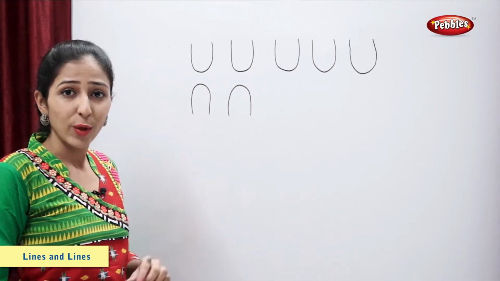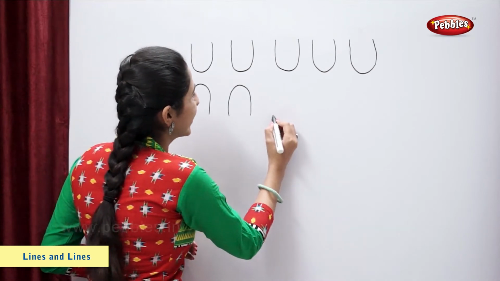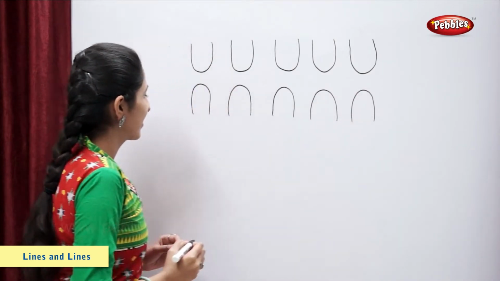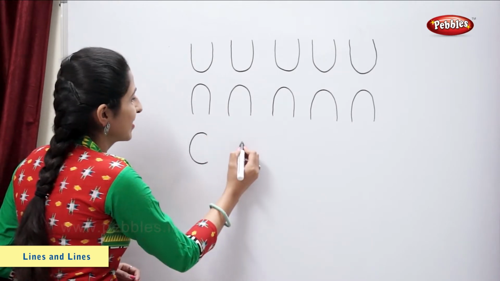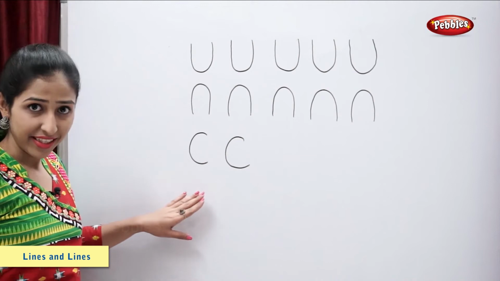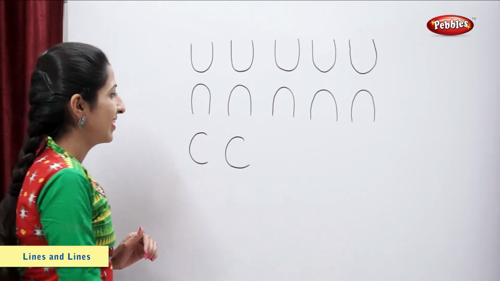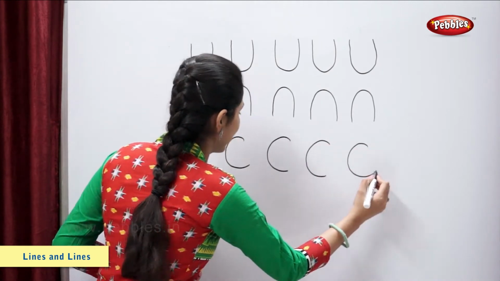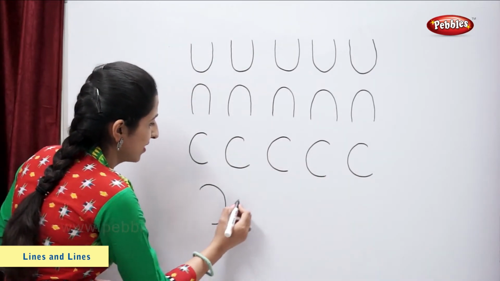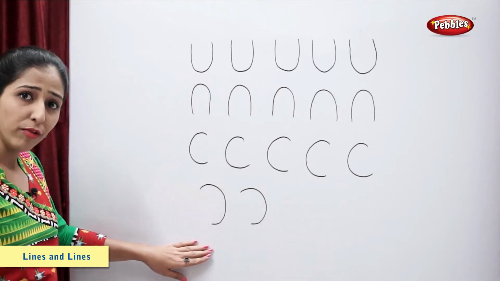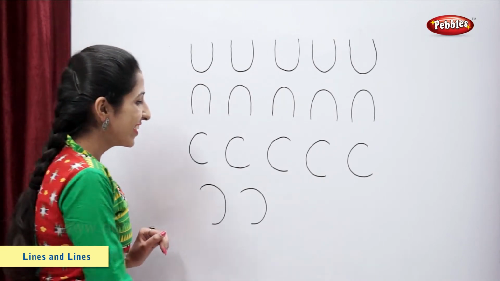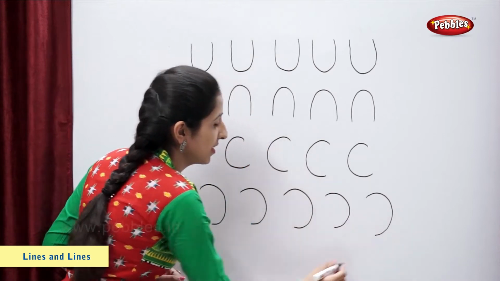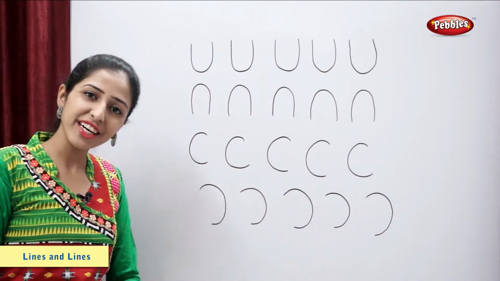Correct. This curve looks like N. This curve looks like C. And this curve looks like a reverse C. Now all these are curves.